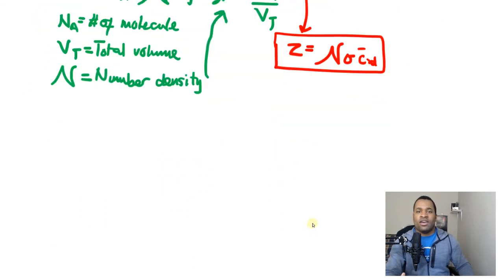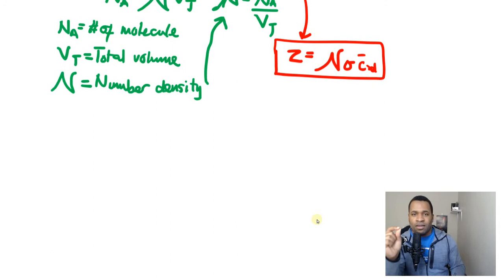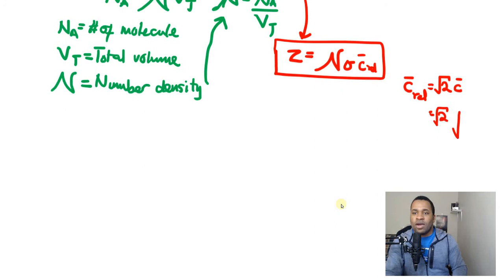Now take note here that in our expression for the number of collisions in that time interval, our relative mean speed is equal to square root 2 multiplied by our mean speed, where our mean speed is equal to the square root of 8RT divided by pi multiplied by our molecular weight of the gas.